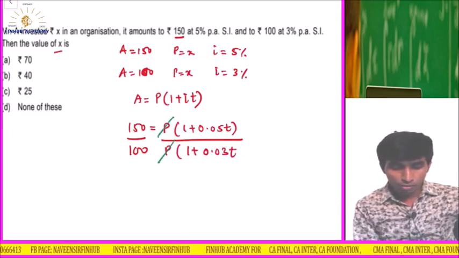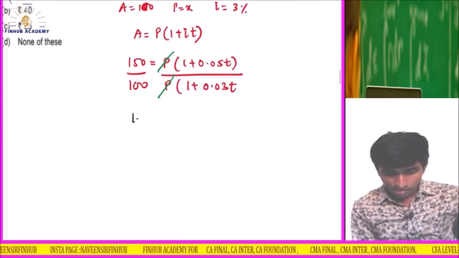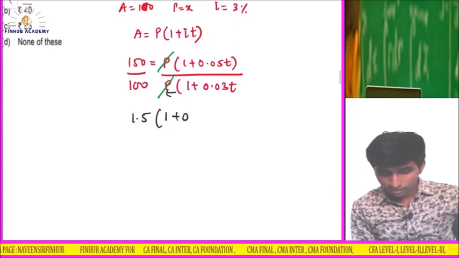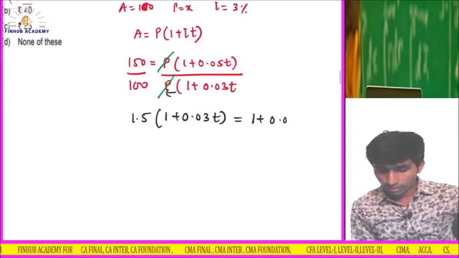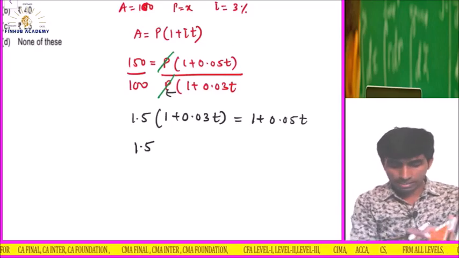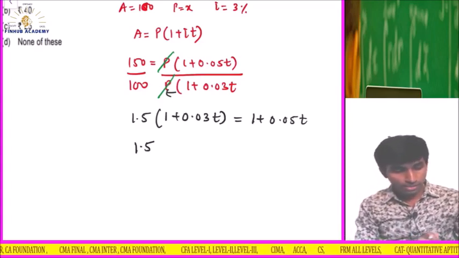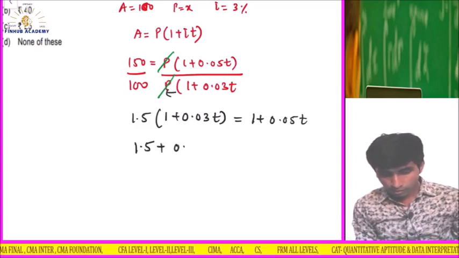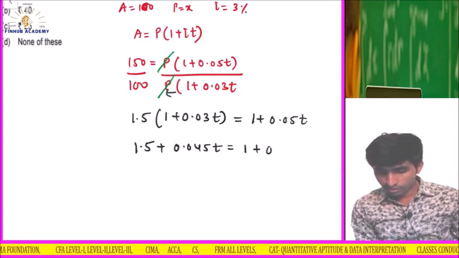Okay, so I can get what? 1.5 into (1 plus 0.03 T) is equal to (1 plus 0.05 T). Let's calculate. So 1.5 into 0.03 becomes 0.045 T, so 1.5 plus 0.045 T is equal to 1 plus 0.05 T.